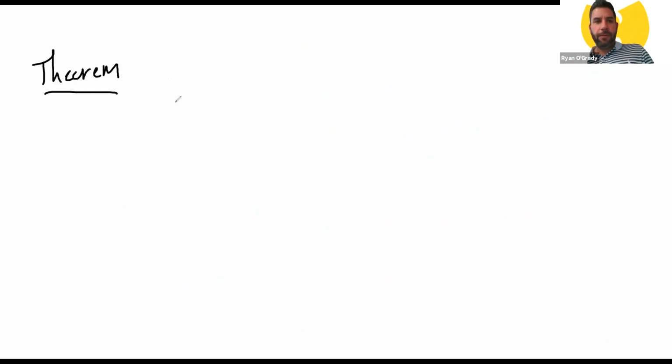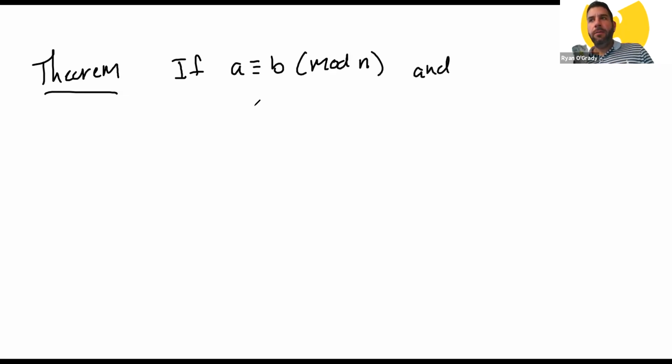So if A is congruent to B mod N, and if C is congruent to D mod N, see, what we're building is a system of arithmetic so that we can solve problems. Think of this as having an analogy to solving equations.